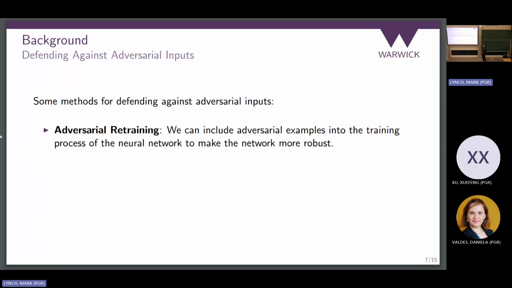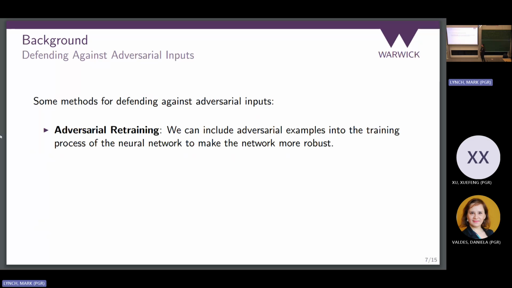We can include adversarial examples in the training data when we train our neural network, and we hope that the neural network learns how to deal with these. Then when it encounters one when it's being used in the real world, it should hopefully still classify it correctly.